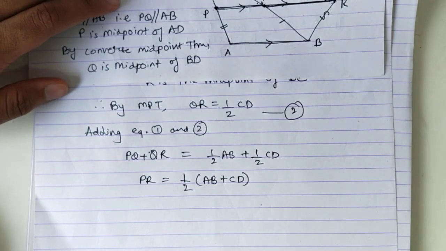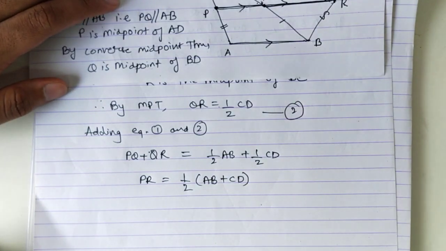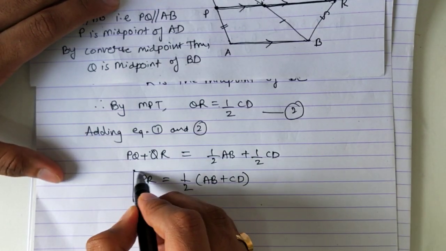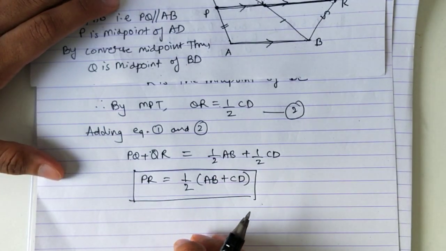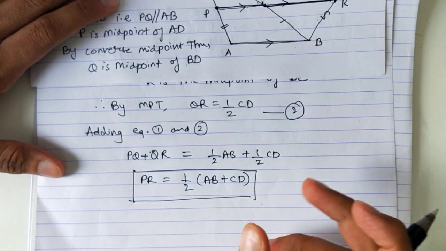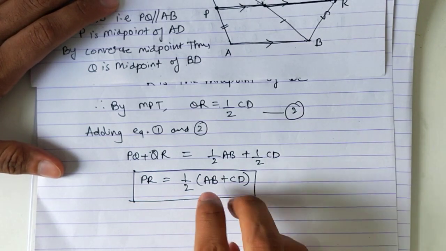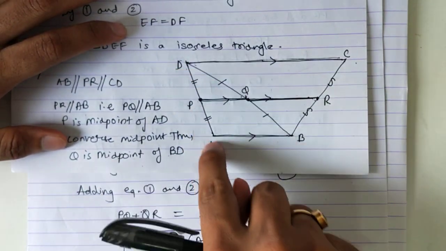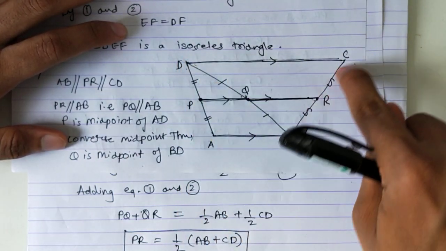See the question. This is what we had to prove. Correct? See, understand the approach, how we came to this conclusion. Okay, so how did I get the hint that I have to prove this? See, AB और CD चाहिए था, AB plus CD. So AB इस triangle का base था and CD इस triangle का base था.